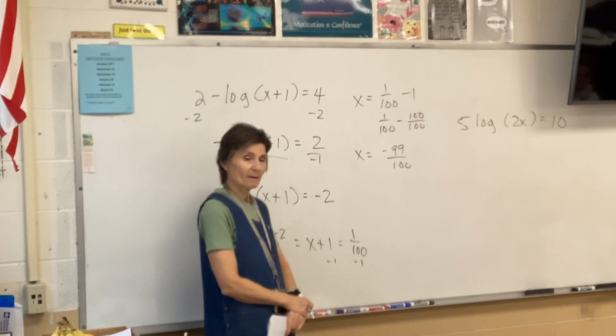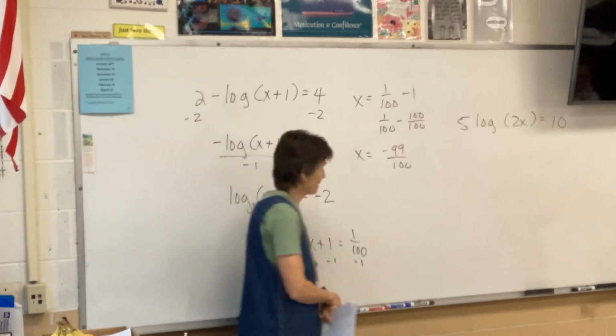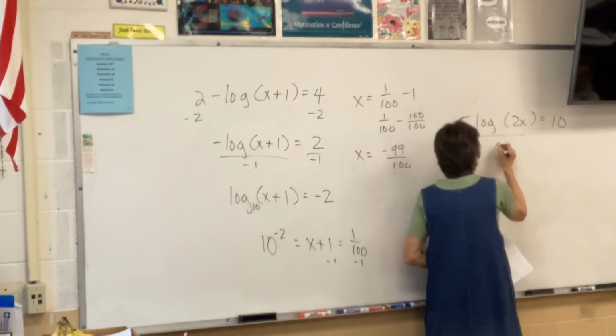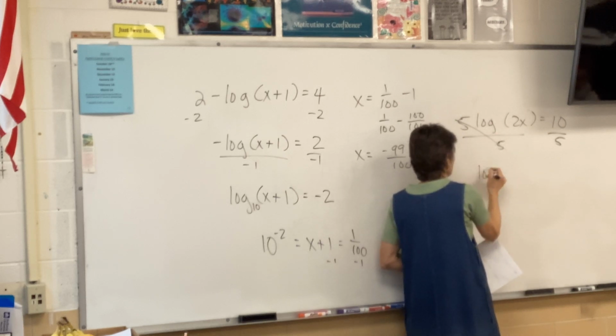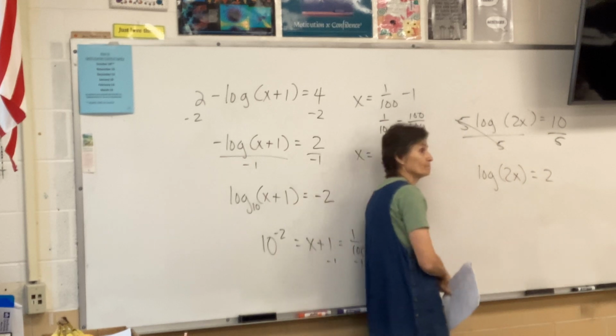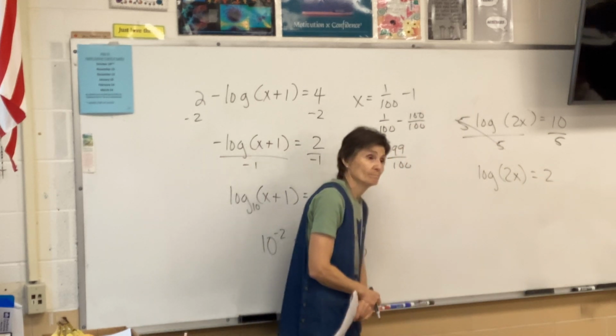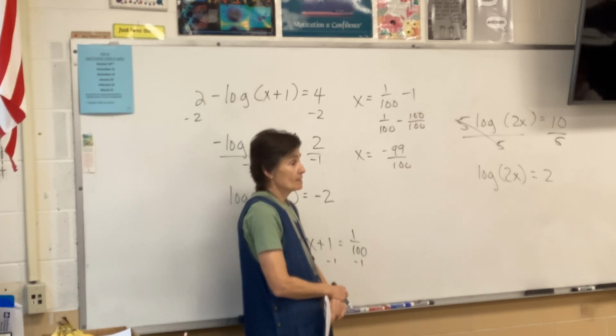Jocelyn, what do you think we might want to do first here? Divide by 5, that's exactly right. And remember, when you divide, all it does is cancel that. It doesn't change anything else. So log 2x equals 2. Sydney, now what?